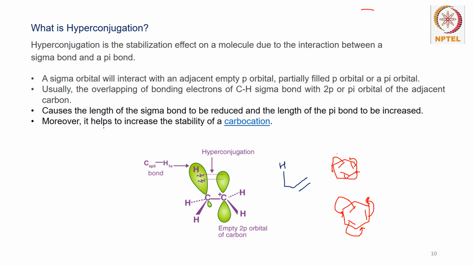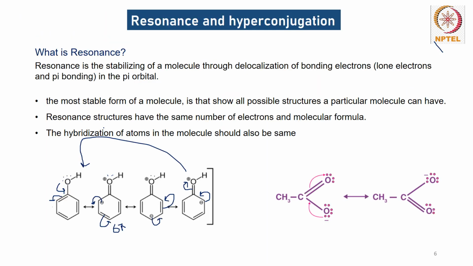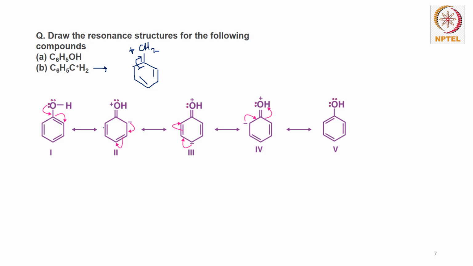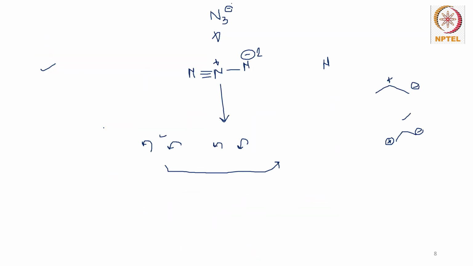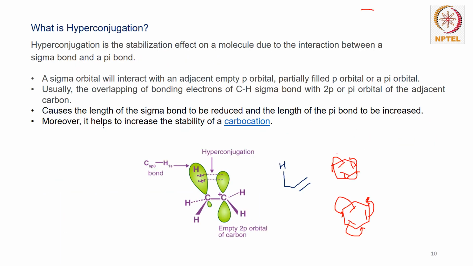Moreover, it helps to increase the stability of the carbocation. By this hydrogen removal we are forming a carbanion, and the carbocation is this one. So by hyperconjugation, a carbocation gets stability.